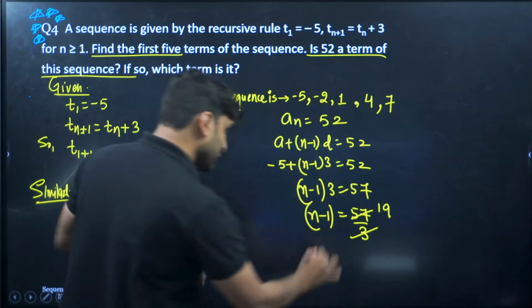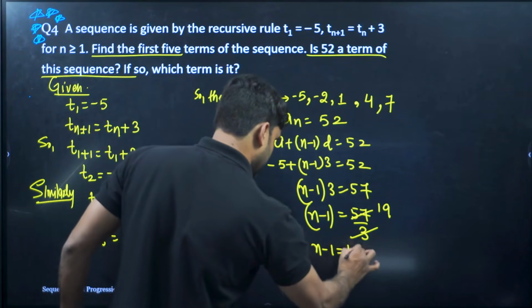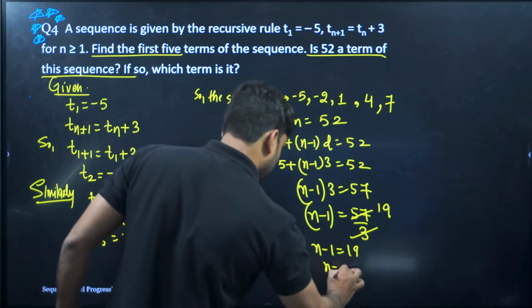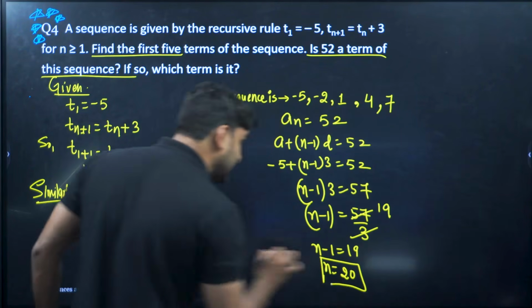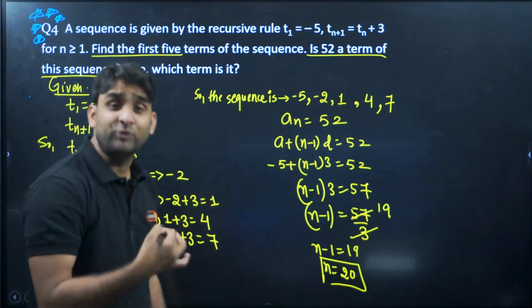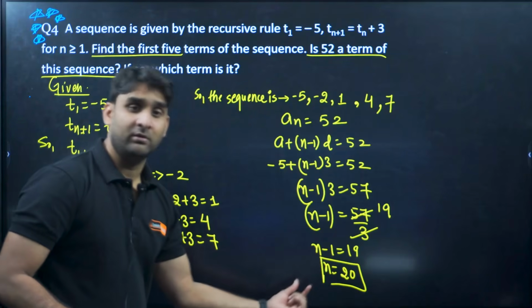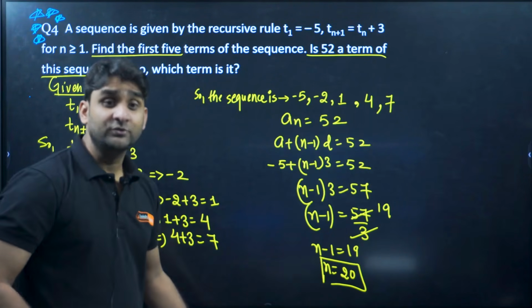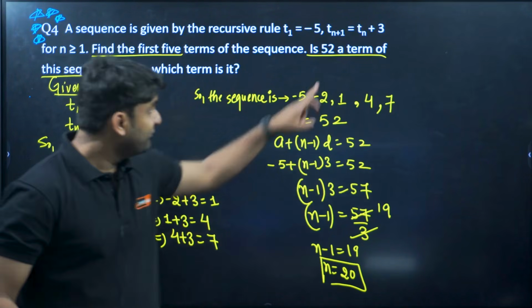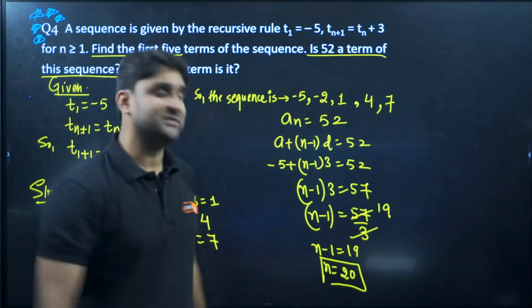Clear everyone? So n minus 1 is equal to 19. Oh my god, n is 20. N is a whole number. N is positive. So it indicates that yes, 52 will come in the sequence of this AP.